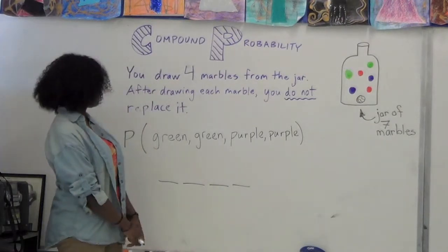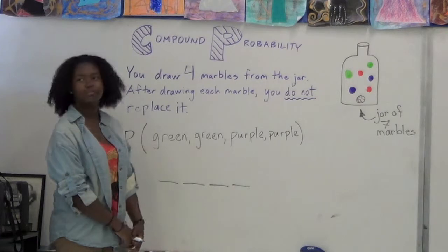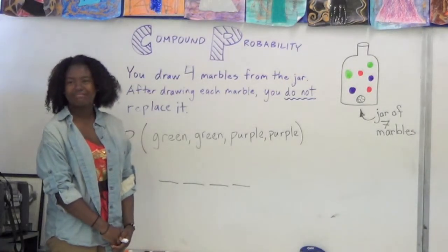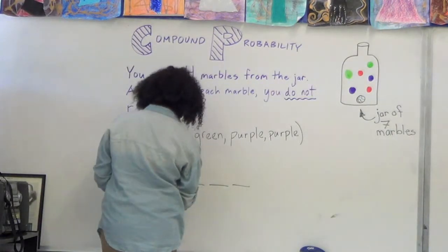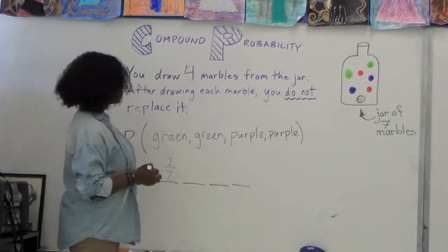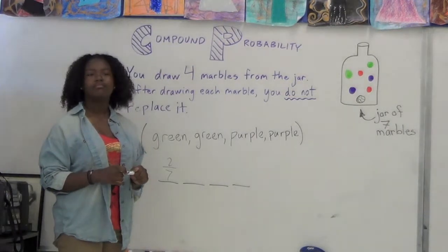Okay, so what's the probability of a green marble being picked? Alyssa? 2 out of 7. And another green marble?